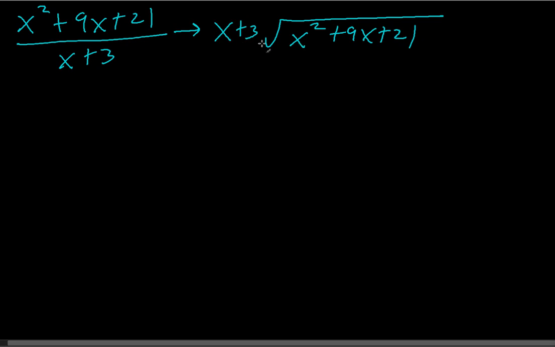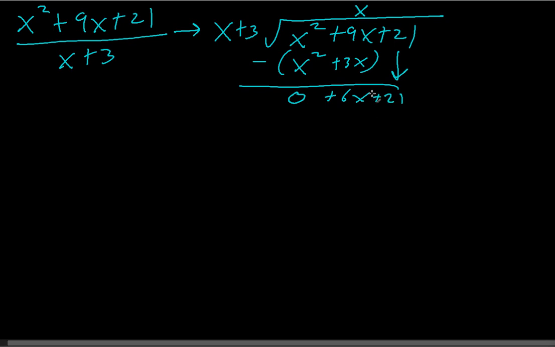Well, to get x to be x squared, I would multiply it by x. Then x times x is x squared, x times 3 is 3x. The next step in long division is to subtract. So x squared minus x squared is 0 by design. 9x minus 3x is 6x. I'll bring down that 21.